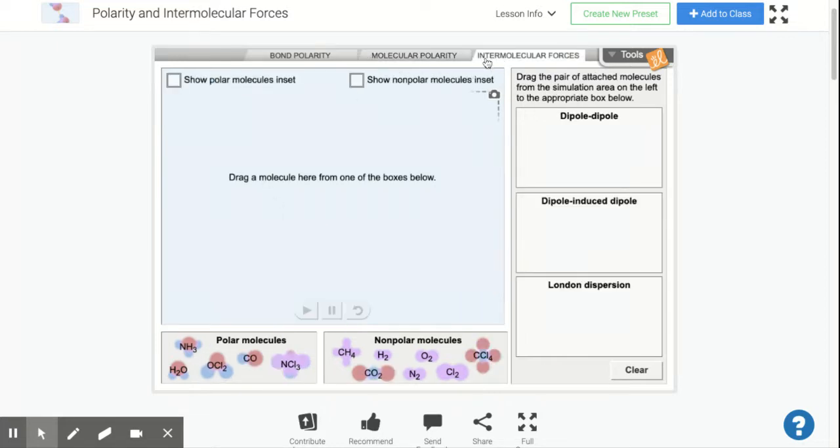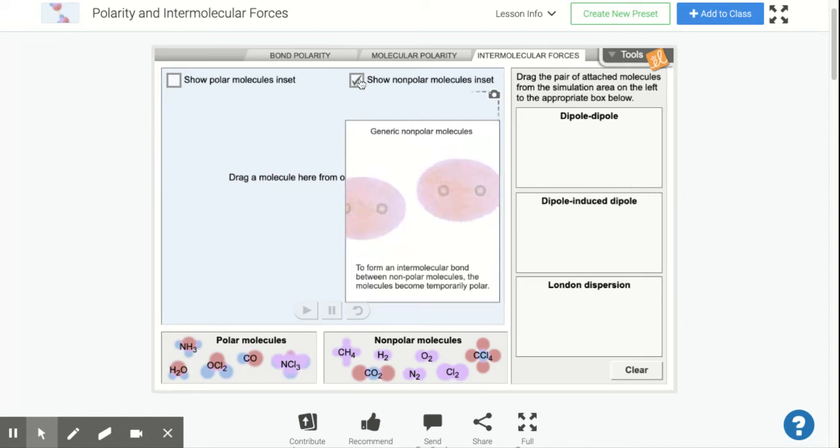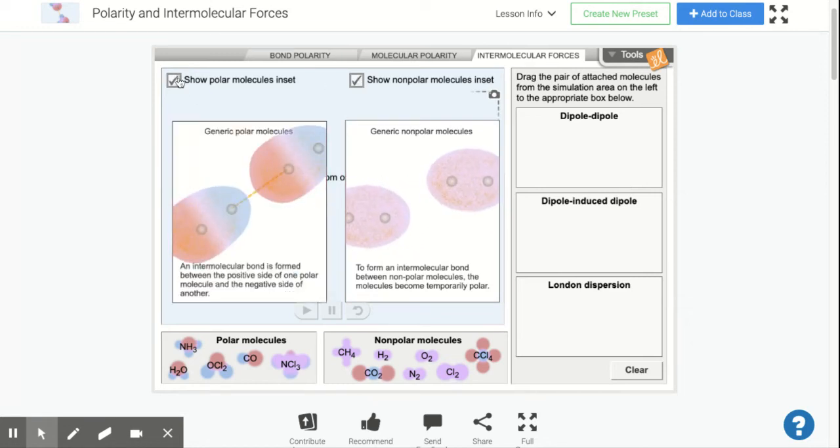And then for your intermolecular forces, this is just showing you how your polar molecules and nonpolar molecules would behave near one another. An intermolecular bond is a bond between two molecules, right? Between nonpolar molecules, the molecules have to temporarily become polar, okay? And that has a lot to do with what we were just on the other tab.